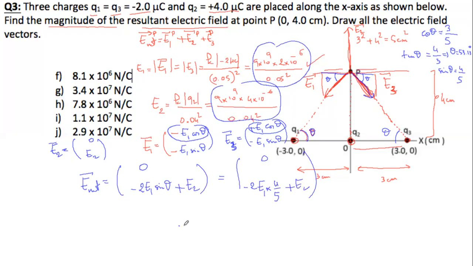You do it, you get 0 along x, and along y, you will have 1.1 times 10 to the power 7 newton per coulomb. So the magnitude of the net electric field at point P is just 1.1 times 10 to the power 7 newton per coulomb, which is this answer.